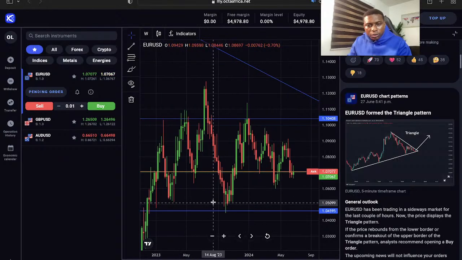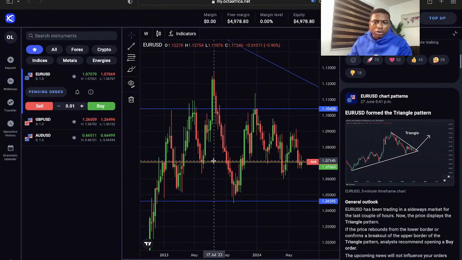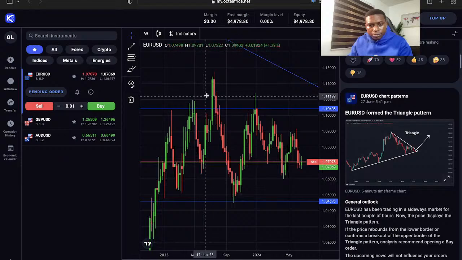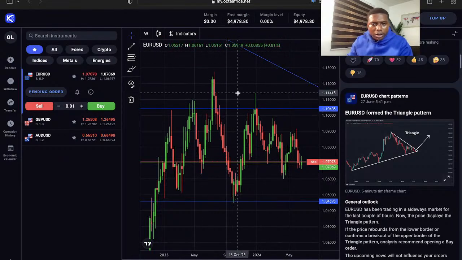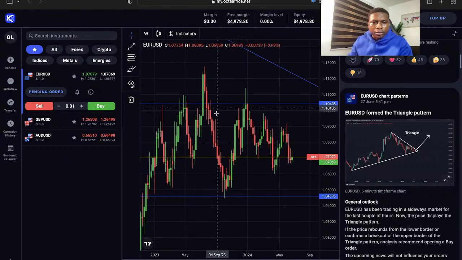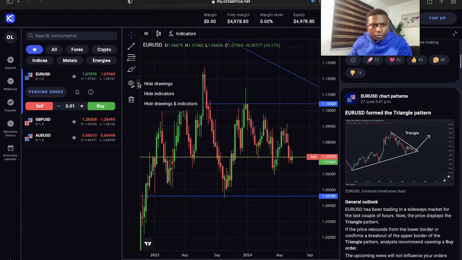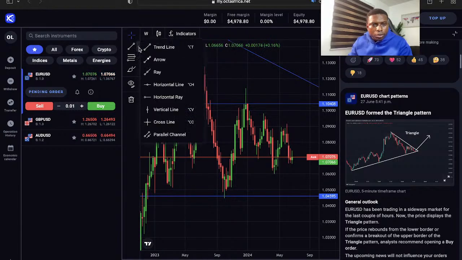If you look at this on the weekly time frame now, you'd discover that, let's just check out something. It's looking like a double top. Let's see.